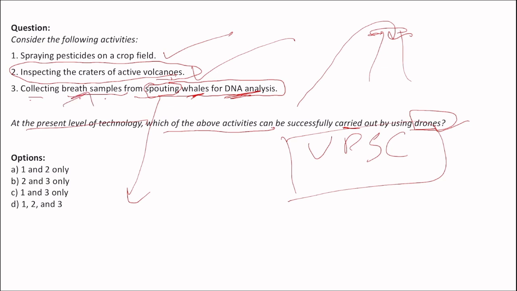Sometimes that whale will eat your drone, that time we cannot do anything, but we can go and sense it, no? Now you put a tick for this also. Finally, your answer is 1, 2, 3. I'll tell you one more thing. In UPSC, when it's coming to application based questions, if 2 or 3 or 4 options are given, mostly all of them are correct.